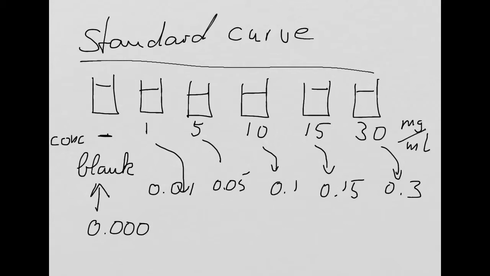But it doesn't matter. And with this, you can calculate a very nice standard curve. So what do you do? Well, you just simply take some graph paper. Let me see if I find graph paper.